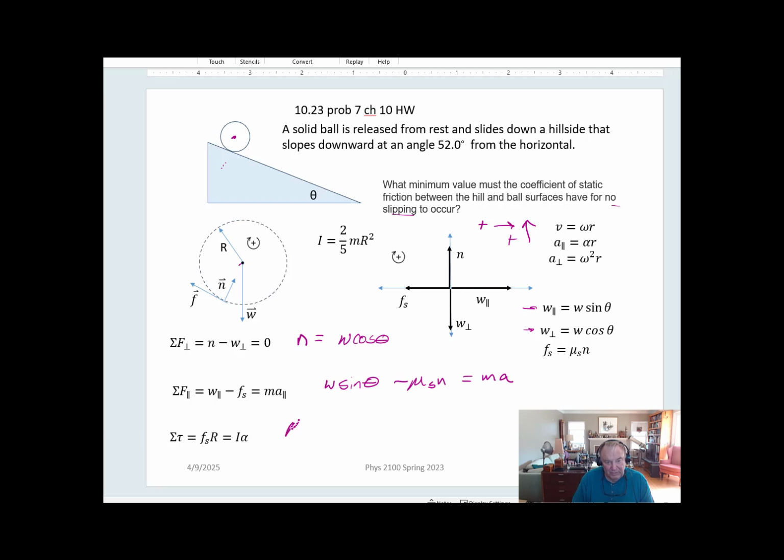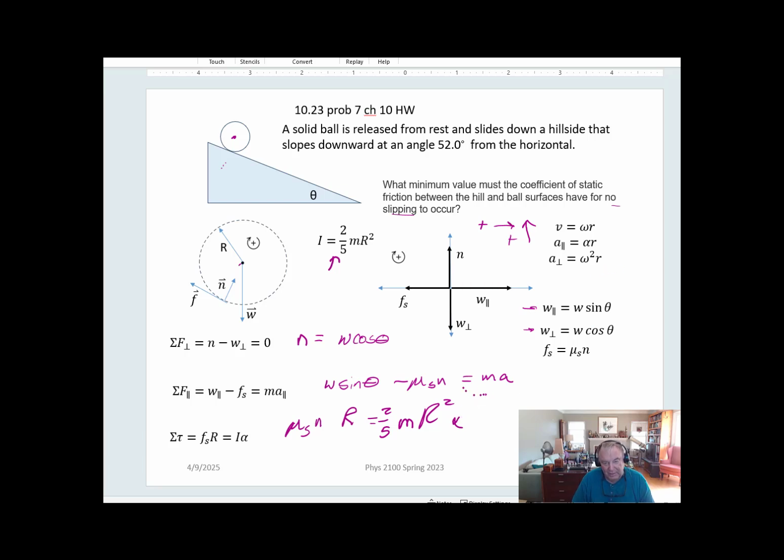So we have mu sub s times n times r equals, and then we look up for a sphere, it's 2/5 m r squared times alpha.